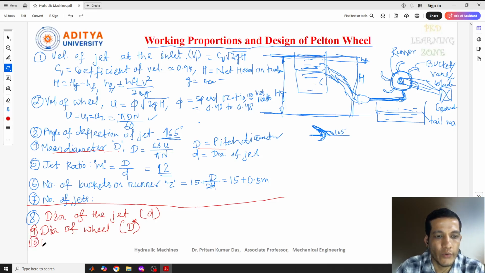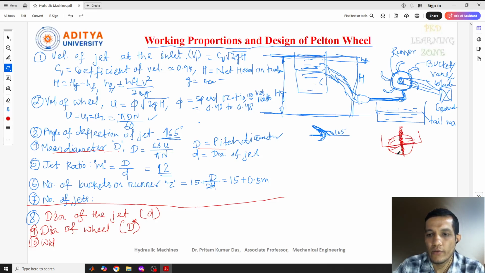The next one is width. We need to calculate the width of the bucket. The bucket structure will be like this, and this is the splitter. At the splitter, the jet strikes, so that the water comes out from this point.